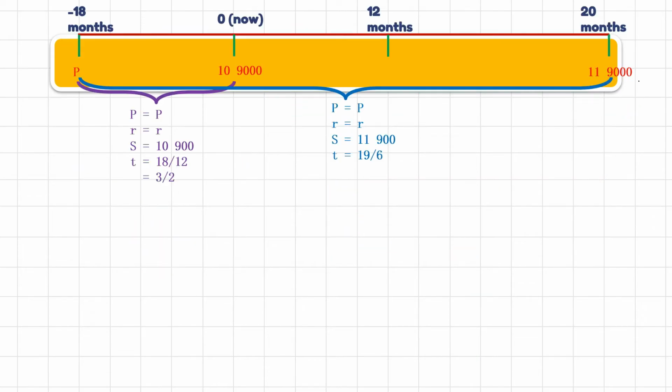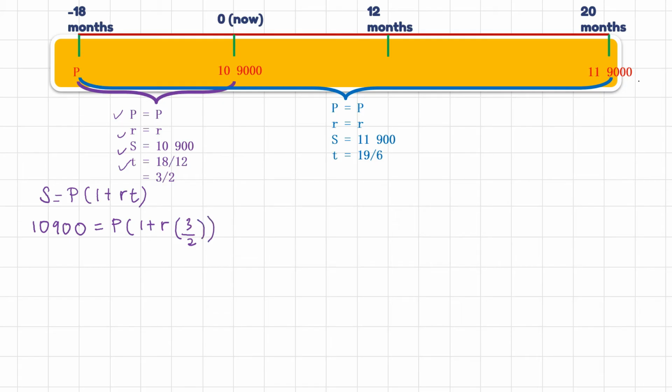Now, let's do the purple color first. For the purple color timeline, we have P, S, R, and T. Therefore, the formula that we are going to use is S equals P(1 plus RT). Our S is 10,900 ringgit, equals P, which is the one that we need to find, times (1 plus R), R is also the one that we need to find, and T is 3 over 2.